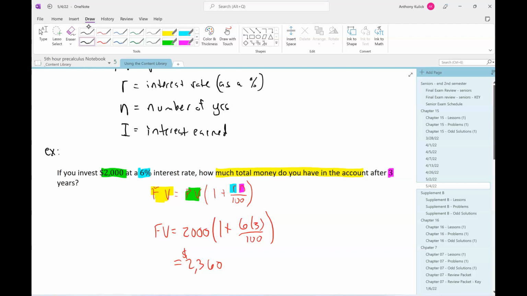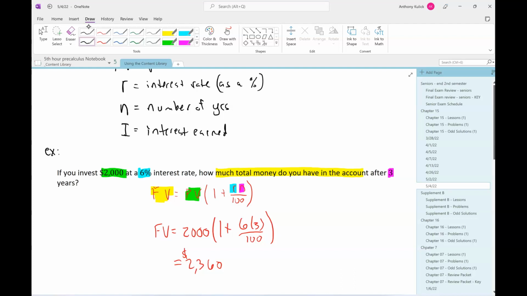Because after year 1, how much money is in your account? 120. So you'd have 2,120, right? But the interest for year 2 isn't based on that number. It's still just based on the 2,000 at the start, right?